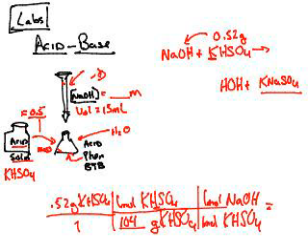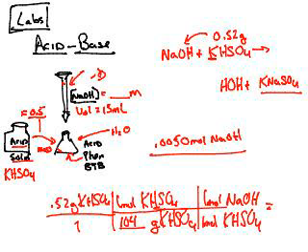So I get my calculator, 0.52 divided by 104 times 1. I get 0.0050 moles of NaOH. How do I find the molarity? Divide that by what? The 0.015 liters, and I get 0.33.